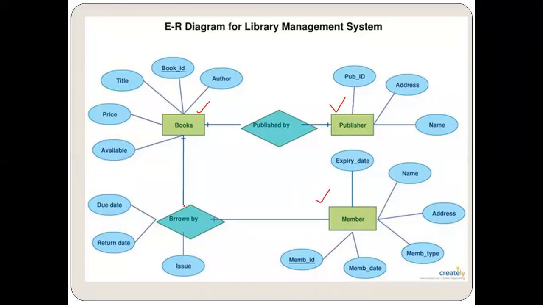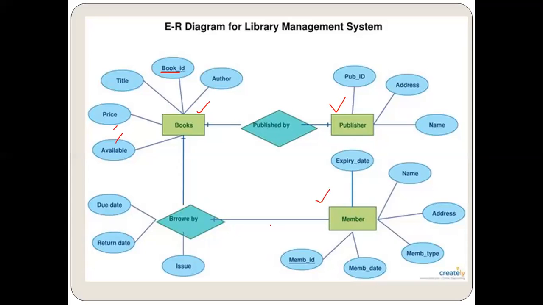Books are published by a publisher, and they are issued or borrowed by a member. For the books, we have the attributes author, book ID, which is the key attribute or the unique ID, title of the book, price of the book, and available, whether it is available or not.